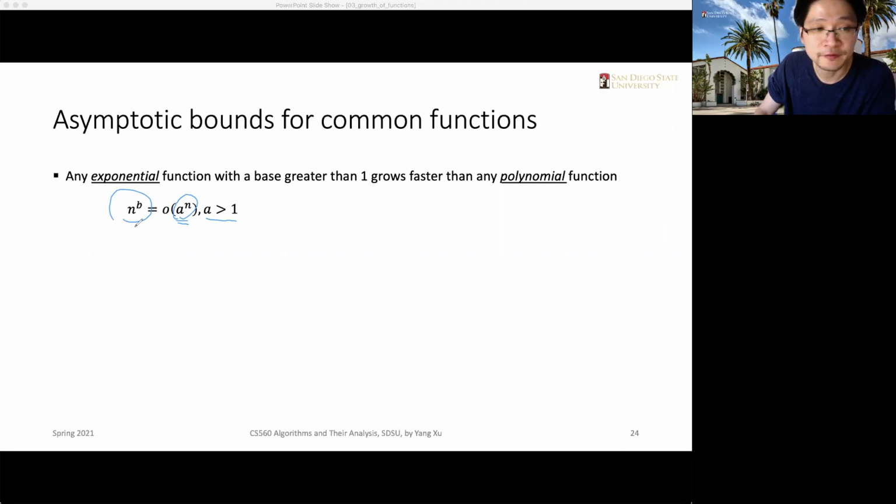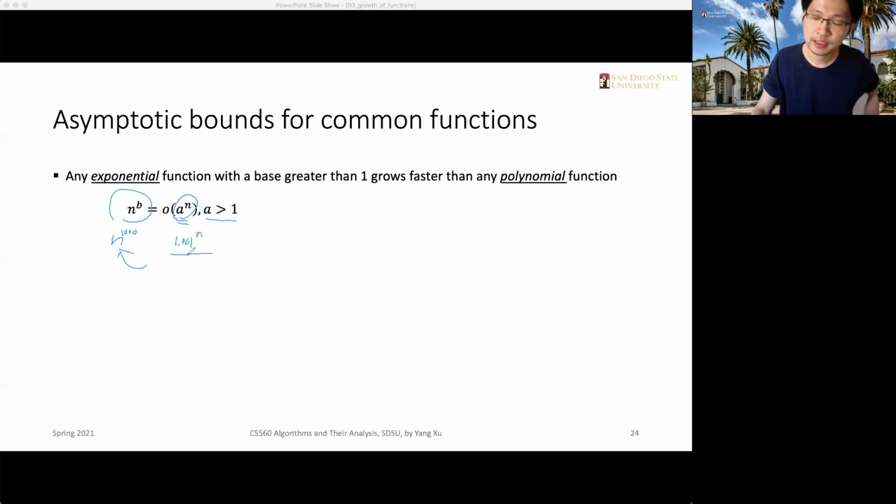On the left, n to the power of b, this b is a constant, and b can be a really big one, like n to the power of 1,000. Even if a is 1.001, then 1.001 to the power of n may have very small values at the beginning, but as n grows, the increase speed is really fast. It's even faster than n to the power of 1,000.